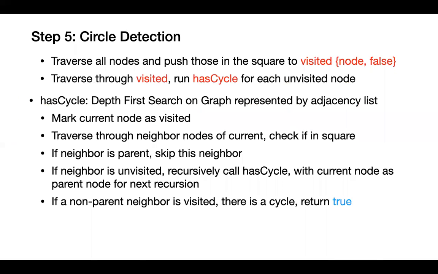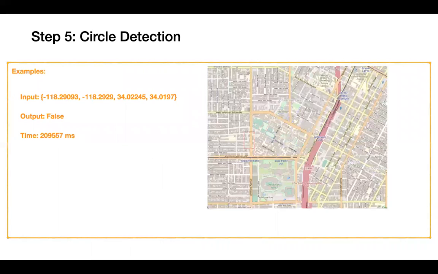And step 5, circuit detection. Here, how we did it was to traverse through all the nodes and put those in the square into a visited map. For time-wise, I'm going to skip this, but the results are: this is the first example where there are no cycles in here. It gave us false.